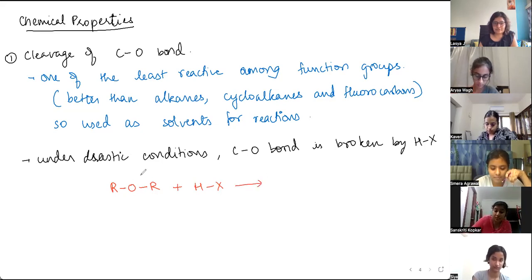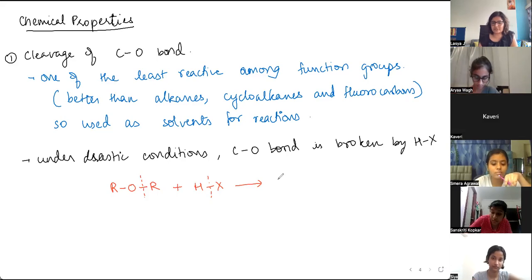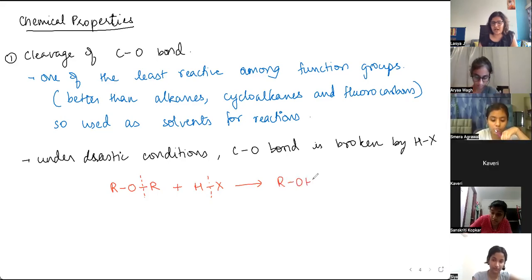So let either of these bonds be broken. Here, this bond is broken. So hydrogen will go towards oxygen and X will go towards R. So you always get ROH plus RX.